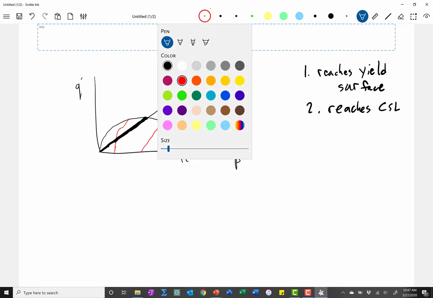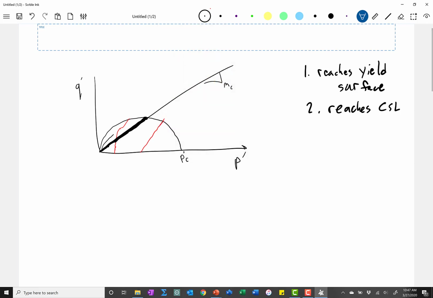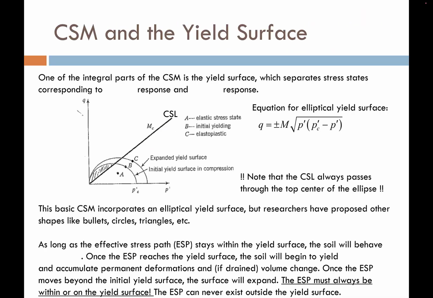So that circle will, in this case, begin to shrink. Okay? And this effective stress path is sucked back in with the yield surface and brought back eventually to the critical state line and to failure. So those are the basic rules, and we'll get to that in a minute, but I wanted to just introduce that concept to you.